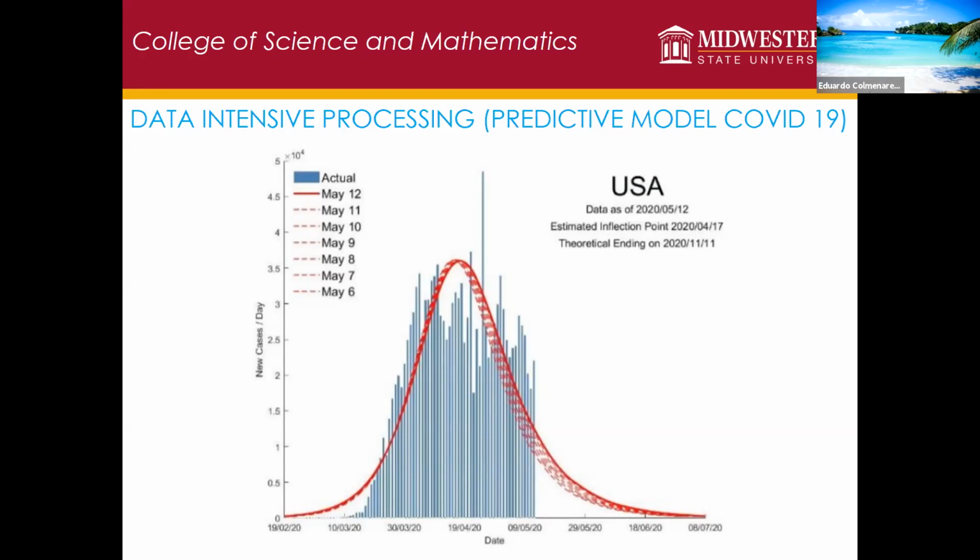Okay? You need to understand that I am not saying that is going to happen. This is a model that predicts things based on information that is available day by day. So these things change over time. It's an educated guess. Independent of that, the point is, this is a data intensive processing problem, which means that behind this, there is a lot of computation being done.